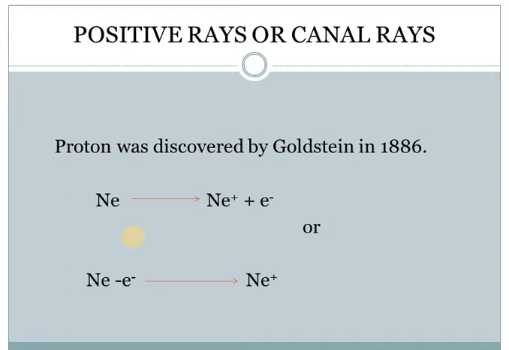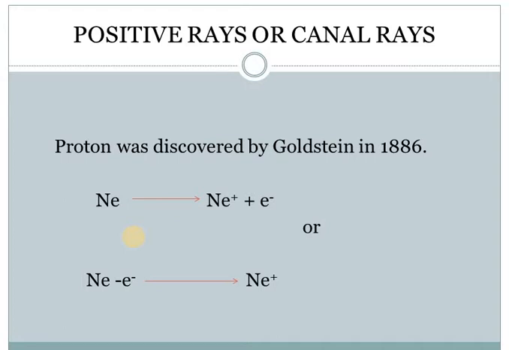Now we can simply say that if we take neon gas or any gas and keep it in the discharge tube and we knock out electrons from it, the leftover material is known as the proton, or positive rays or canal rays.